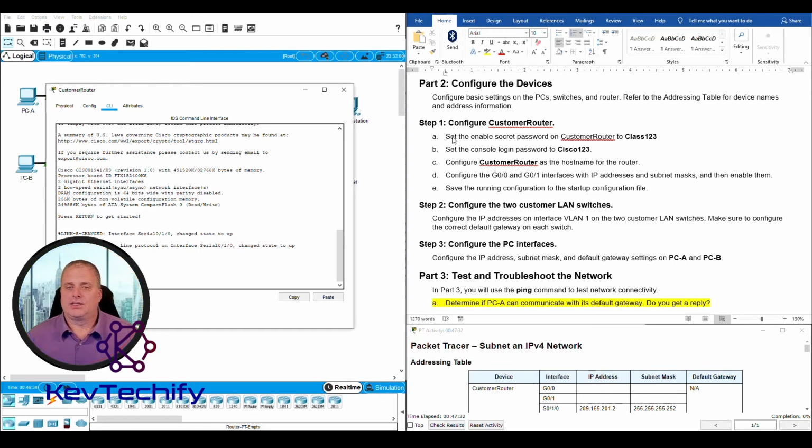Now, set the enable secret password on the customer router to class 123. Enable secret. And then our password is capital C LASS 123.